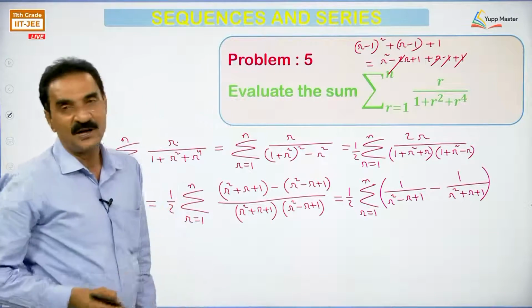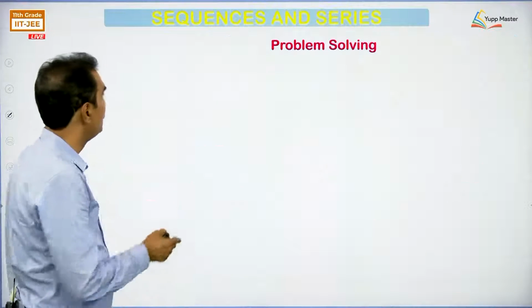Now, I will put r is equal to 1, 2, 3 and so on till n and get S_n.